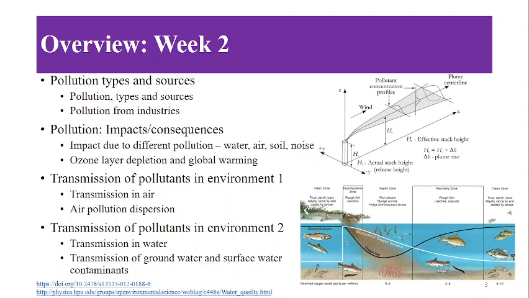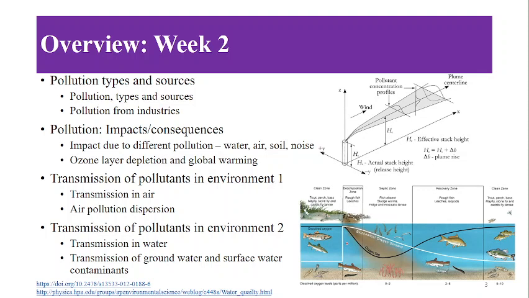Other types include liquid waste and solid waste, and you can also differentiate pollution types based on corrosion. Different sources of pollution can be either domestic sources or industrial sources, or point sources or diffuse sources. The pollution from industries was also discussed.